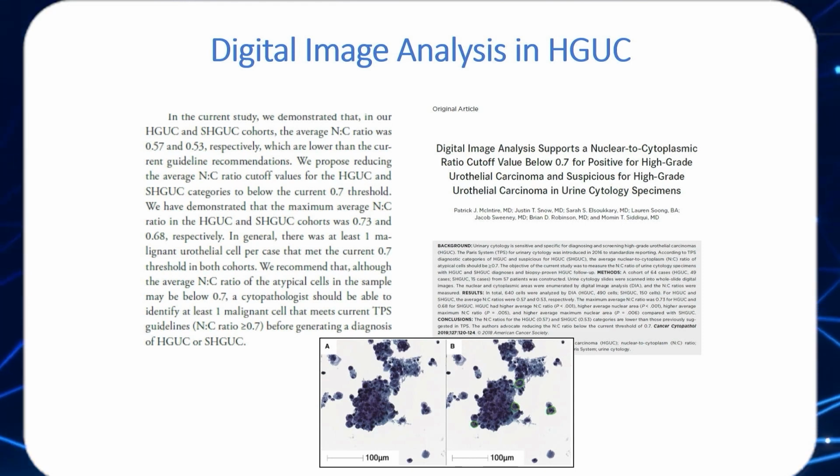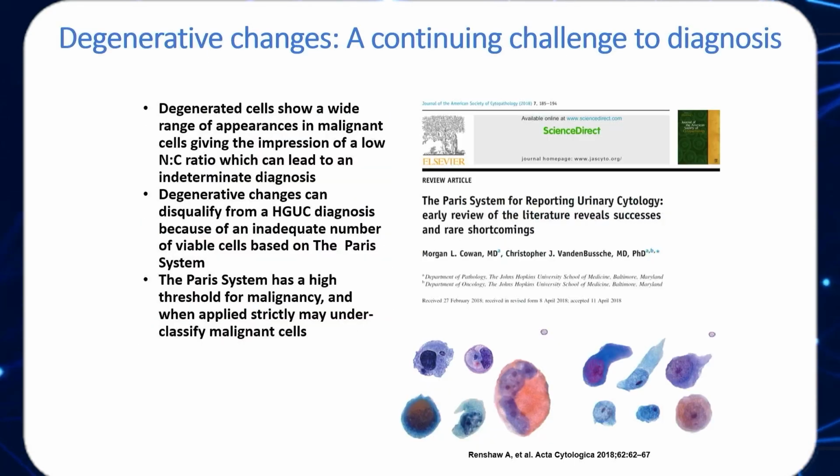This is a study we did, and we did confirm that with digital analysis, most of these cells were displaying an NC ratio which was actually lower than 0.7, but we did find at least 5 cells in each of these samples which had NC ratios higher than 0.7. So again, that illustrated based on image analysis that the cancer cells are not static in appearance as far as NC ratios go. They can have a range here, but we did have to give a benchmark. So that's why we selected 0.7 as our benchmark.